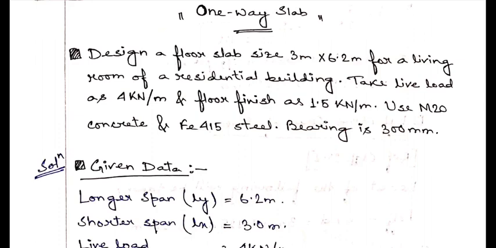You know the bearing. What is bearing? I have discussed in the lecture of singly reinforced beam and doubly reinforced beam also what bearing actually is. Bearing is, as if the slab is supported on a beam or supported over a wall.